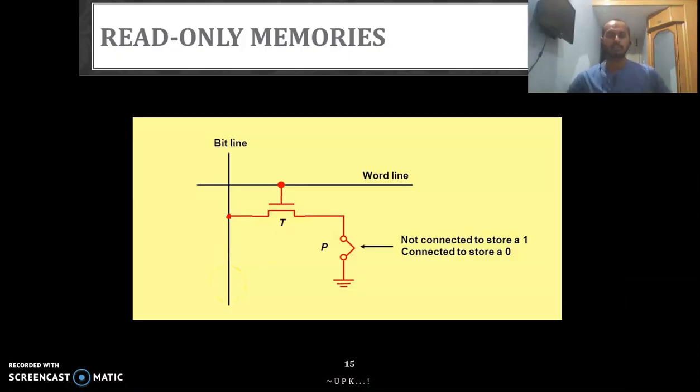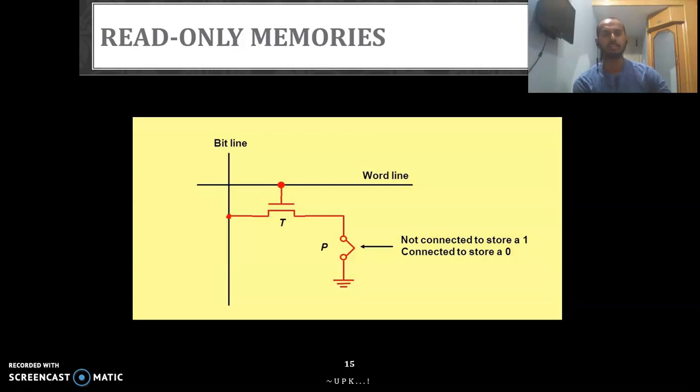This is the design of the ROM, or read-only memory. If you observe, as in the same design with respect to RAM, there are two lines. One is the word line, the other one is the bit line. So whenever an address is given to a memory, the address will come with a word line and a bit line, or column line, you can say. We have only one transistor here.